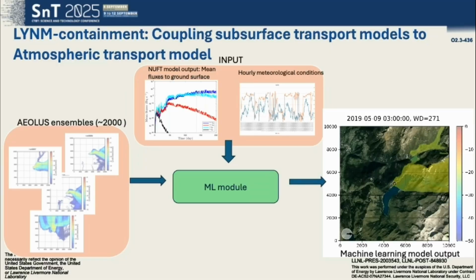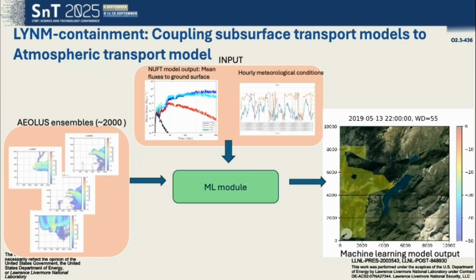Input is coming from the subsurface transport model, so this acts like the source, and when we combine the input with the machine learning module, which has this ensemble of 2,000 Aeolus runs, we can produce a machine learning model output of how the concentration will be in this region, and that result can be compared with the field data.